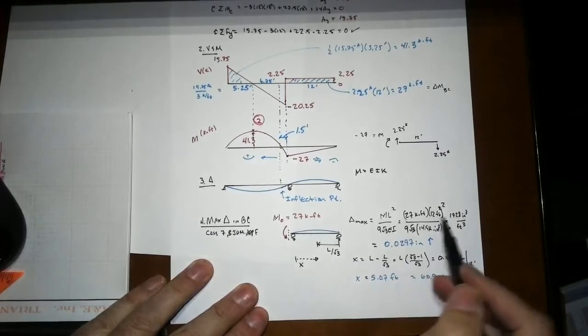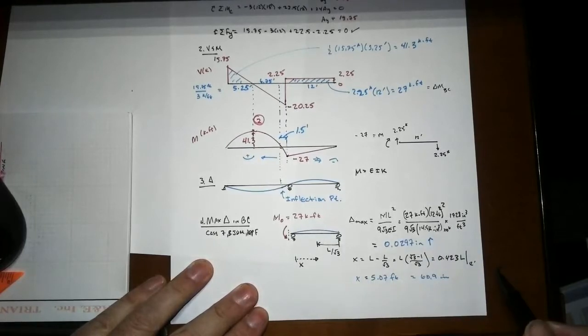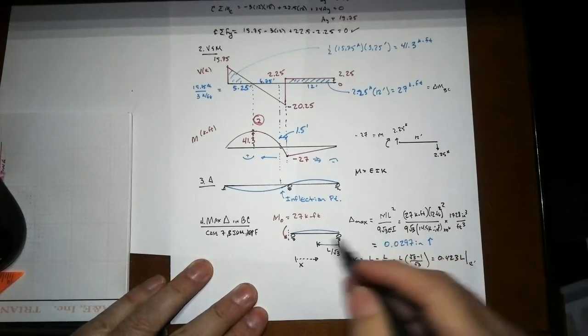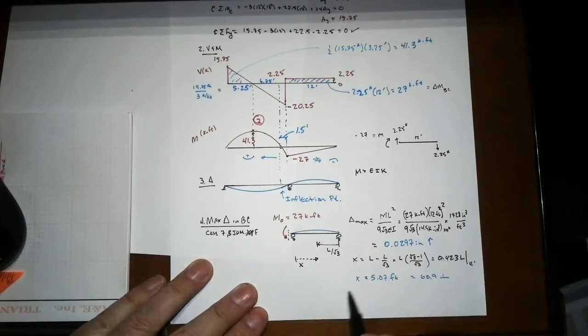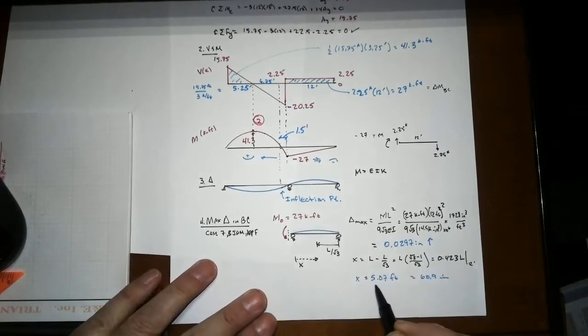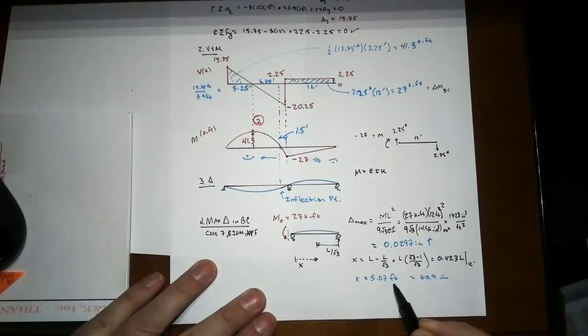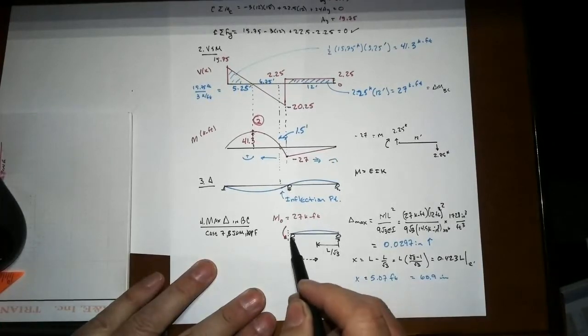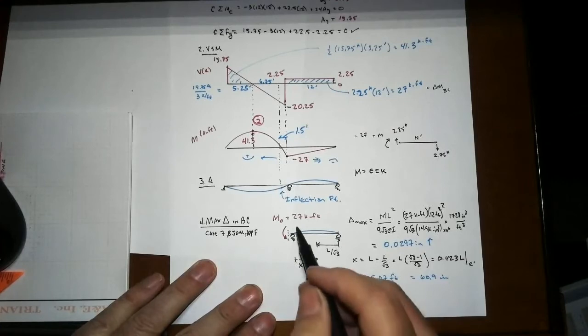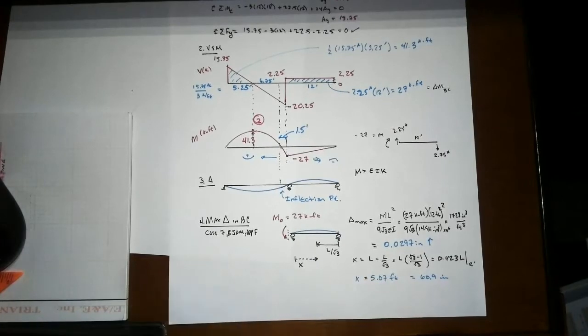I again didn't worry about sign here because it's a simple situation. It's clear what direction things are going and that the maximum will be up. Turns out when you put the numbers in, the max displacement is just a little over 5 feet from that middle support.